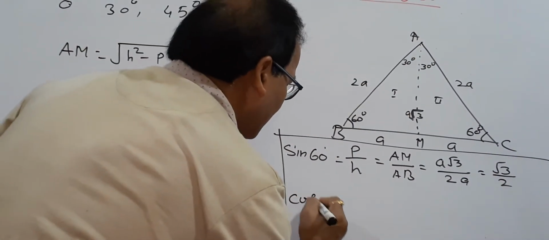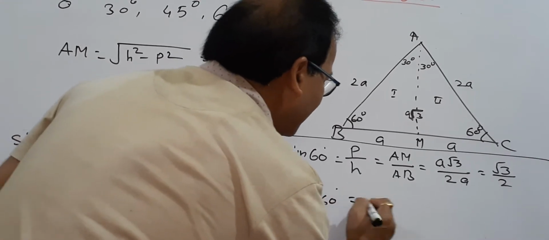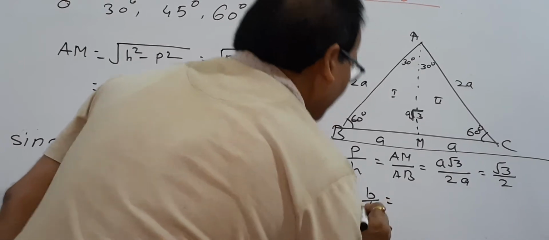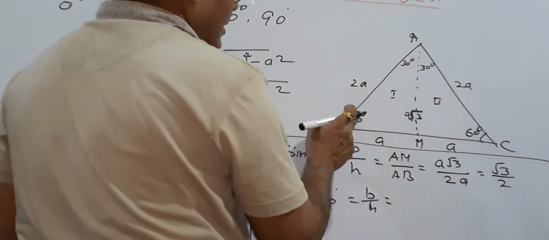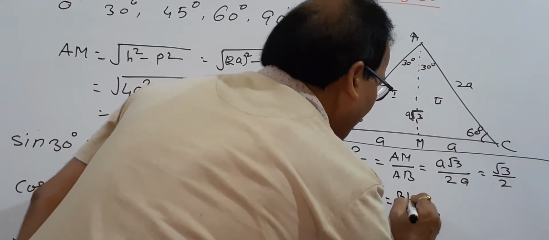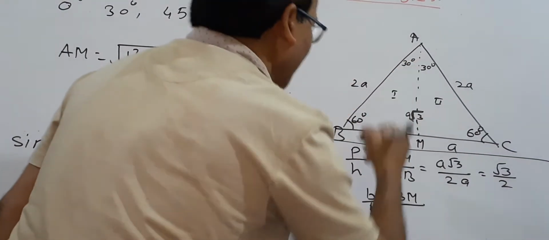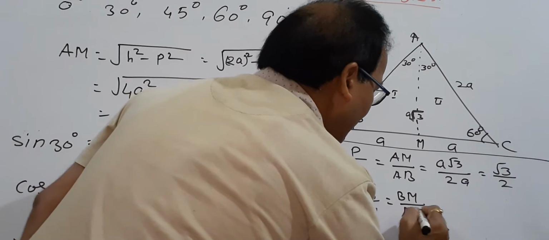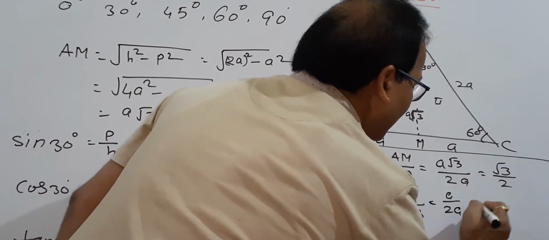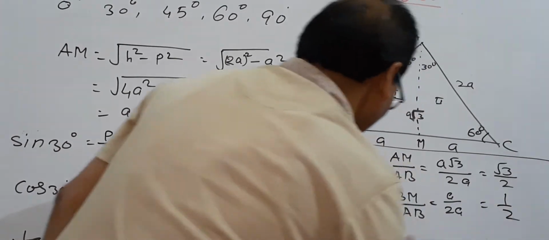Cos 60 degree is equal to B by H. So for 60 degree, BM is the base. BM divided by AB is equal to A by 2A, which is equal to 1 by 2.